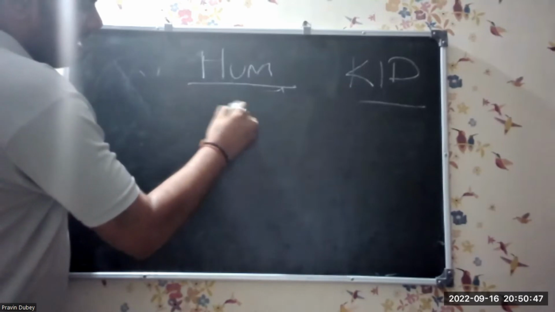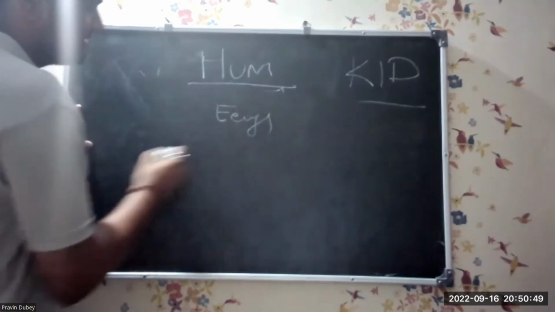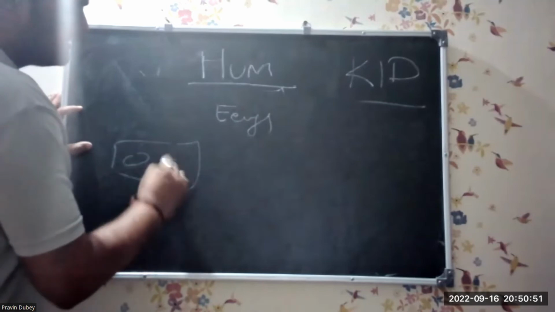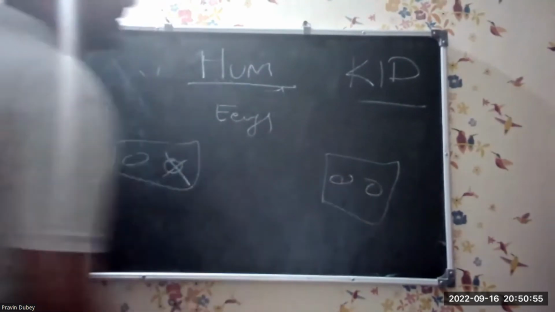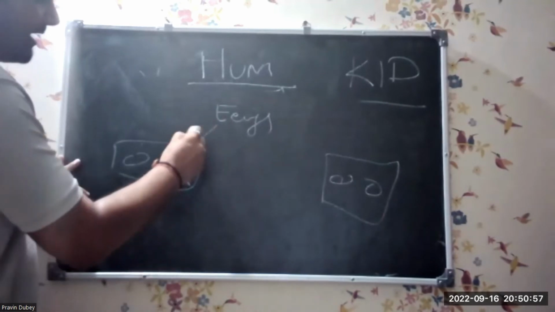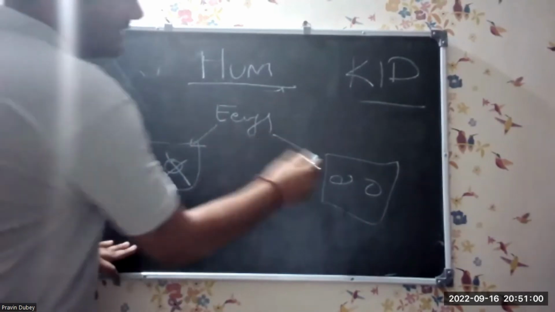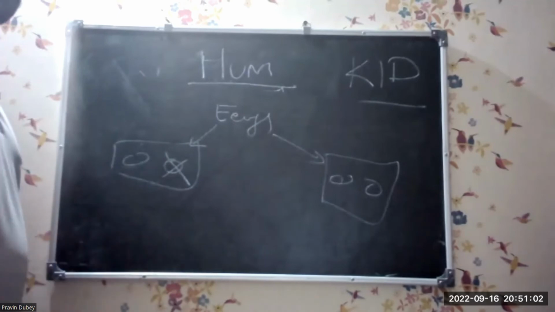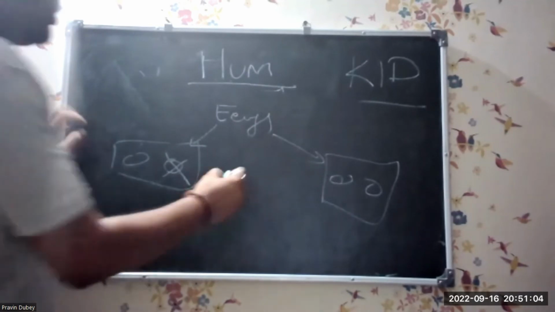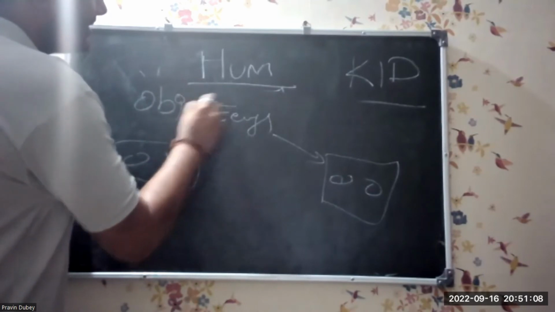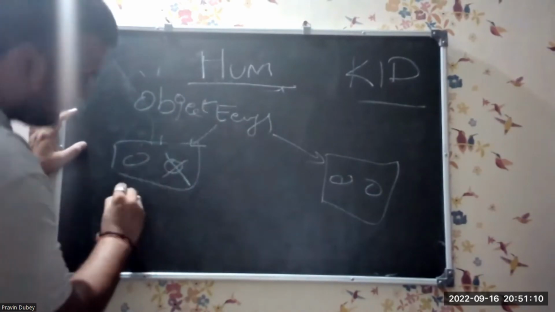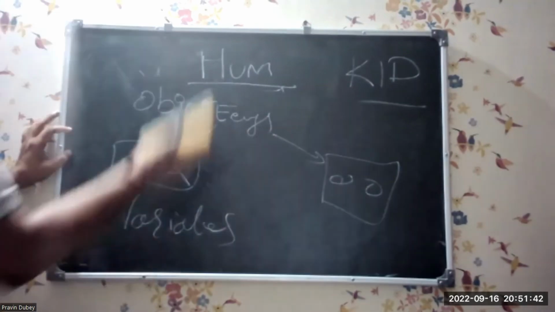So eyes, again, another example. If my eyes will not work one day, Suraj's eyes will remain as it is. Because I have my own copy of eyes and Suraj has its own copy of eyes. So object basically has its own copy of variables.